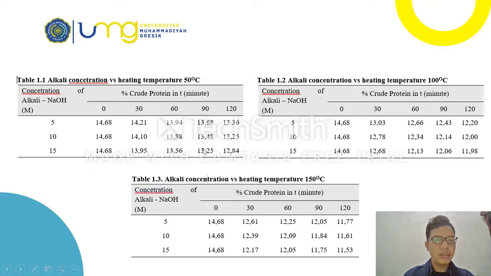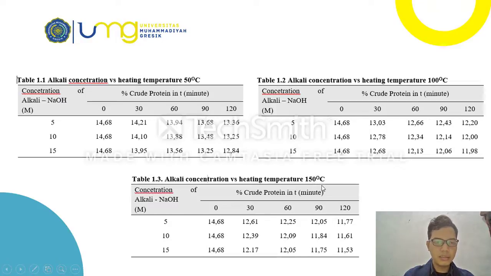From the table, it was found that the protein content in chitin due to interaction with 10 molar sodium hydroxide was not significantly different from the result that interacted with 5 molar and 15 molar.